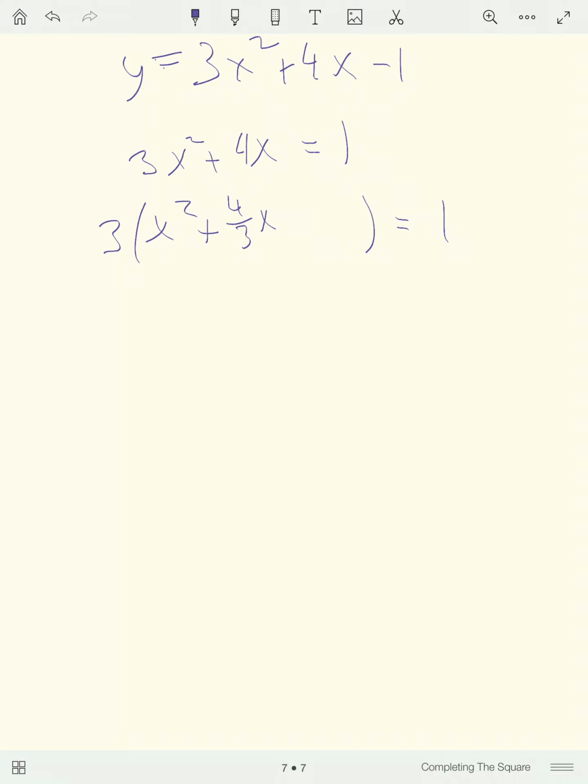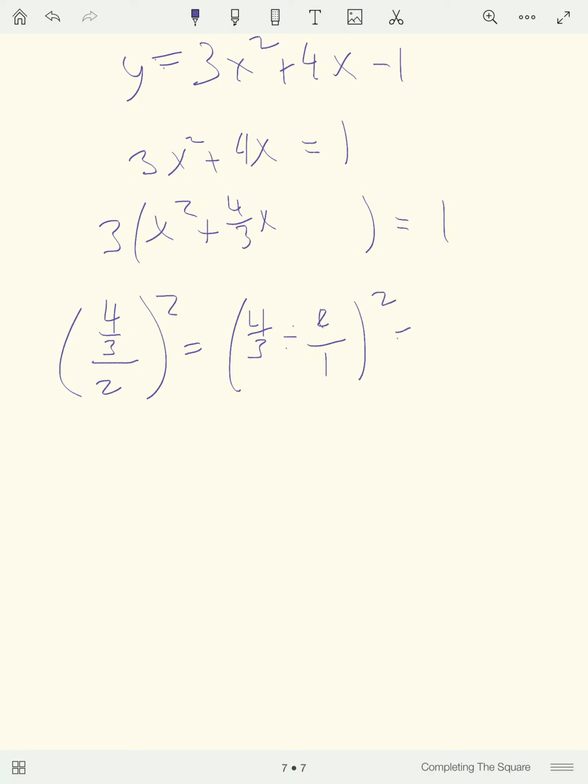Same steps as before. We're going to do our b term over 2, squared. That's going to give us a complex fraction, but don't get too rushed with it. So, if we have (4 over 3 over 2) squared, remember, if it's very tall, we want to make it horizontal. That's going to equal 4 over 3 divided by 2 over 1, and that is all going to be squared.